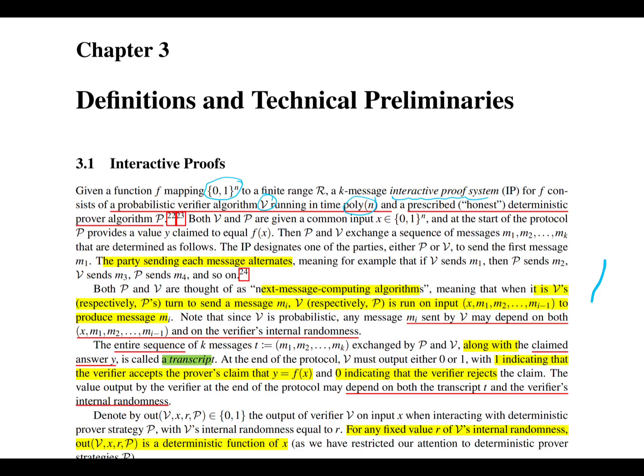But for the prover, we just say the prover is a deterministic prover algorithm P. So here are P and V. It is interactive, and V is polynomial time, but P is deterministic.